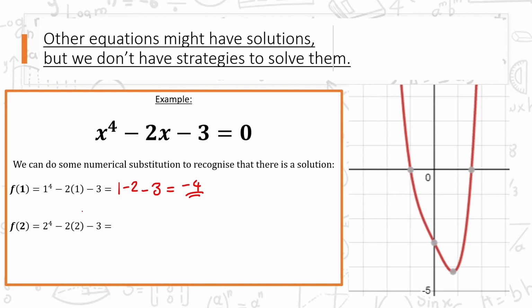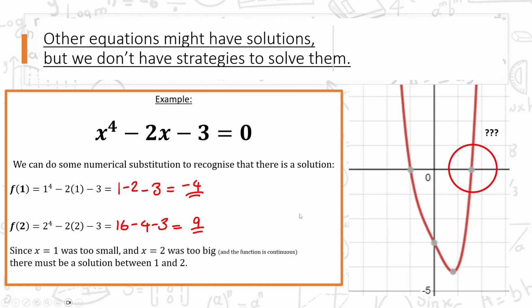And if I was to sub 2 into the equation, I would get 9. From this information, since plugging in 1 gave us a negative answer and plugging in 2 gave us a positive answer, if I'm trying to solve the equation equals 0, there should be a solution between 1 and 2 that works.